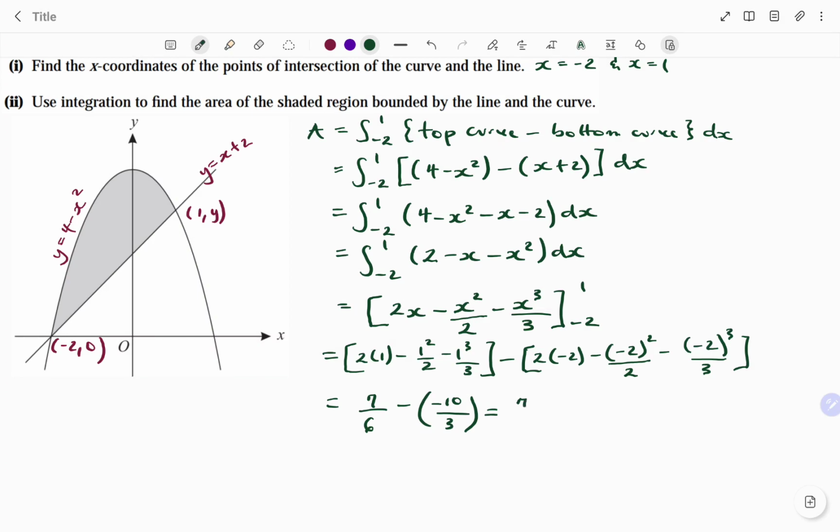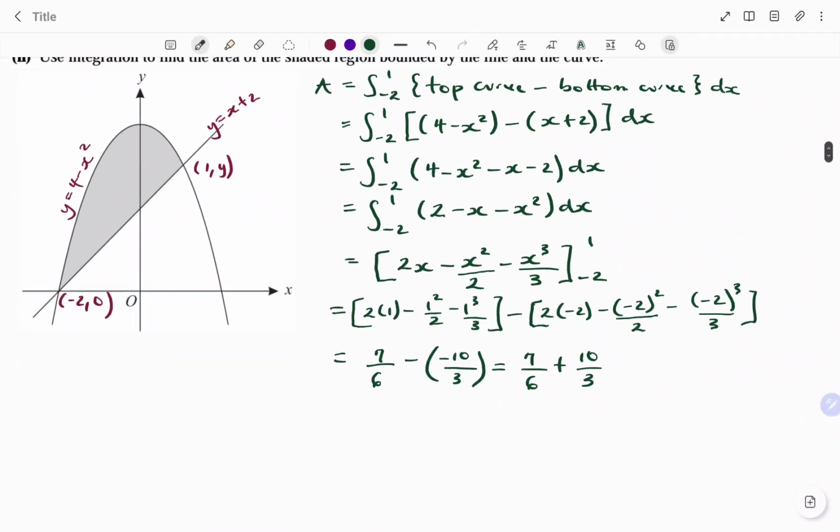That will give us 7 over 6 plus 10 over 3. And if I solve that, that's equal to 27 over 6, and in mixed form, that's 4 whole number, 1 over 2 units squared.